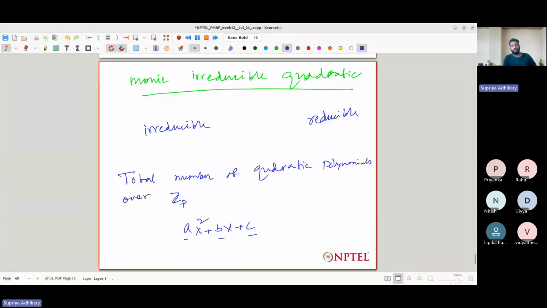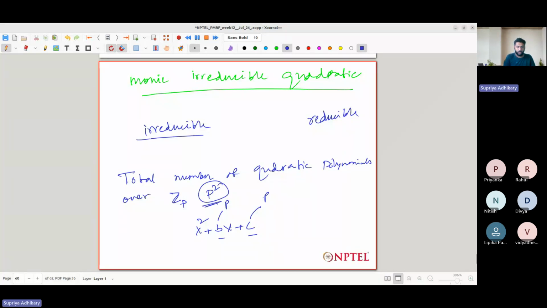So a, b, c are the coefficients that we have, and we are only considering monic polynomials, so the coefficient of x square should always be 1. So we are only considering polynomials of the form x square plus bx plus c. There are p many possibilities for b and p many possibilities for c, since we are considering the coefficients from Zp, and therefore the total number of quadratic polynomials is p square. So this is the total number.